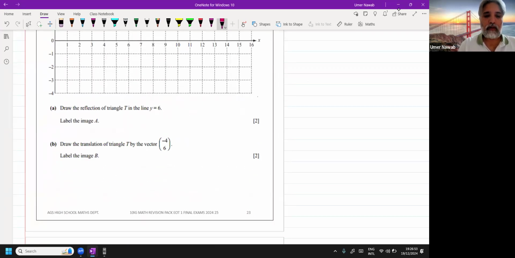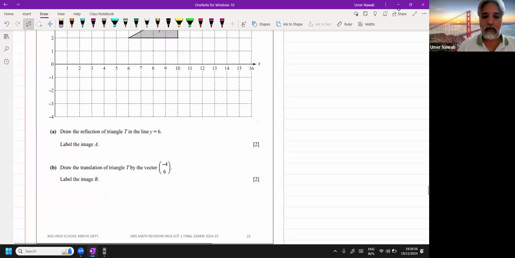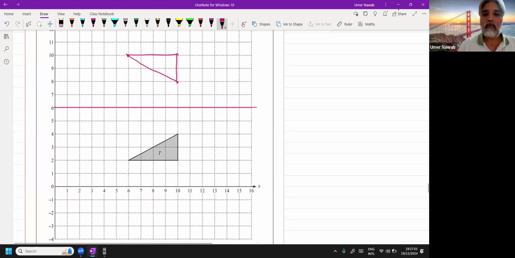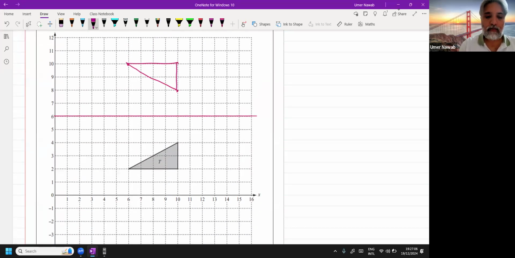Next, translation: 4 left and 6 up. 4 left, 4 left, 6 up. In the same way, I draw that. So the figure will go to the other side in this way. So this is the translated figure. And this is the reflected figure.